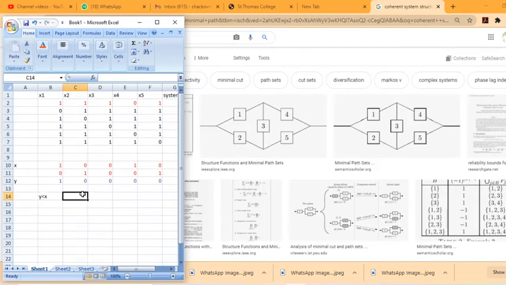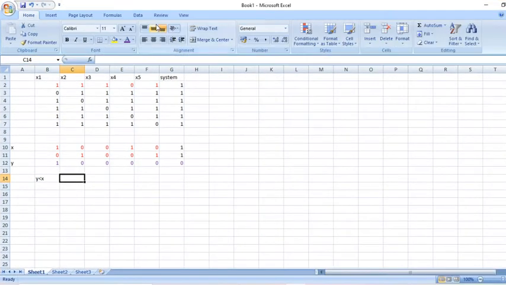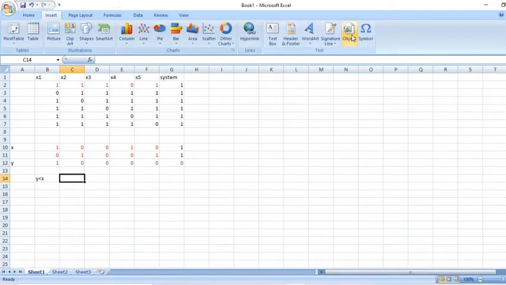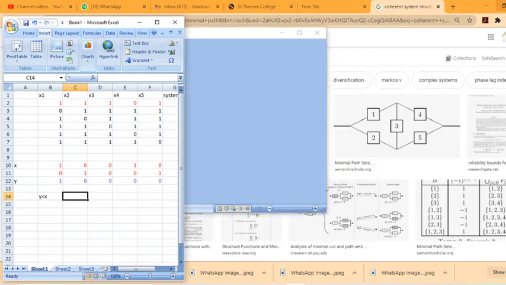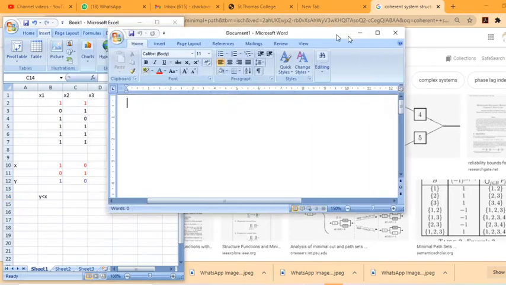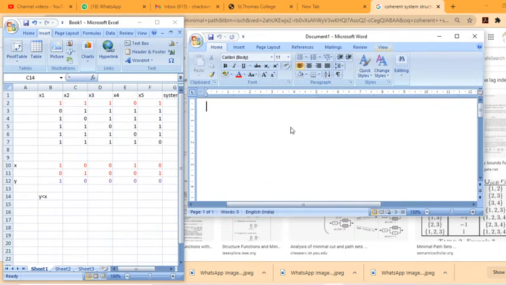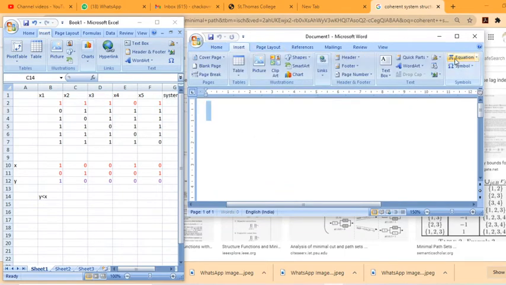In that case we have the system state. Just put the equation.